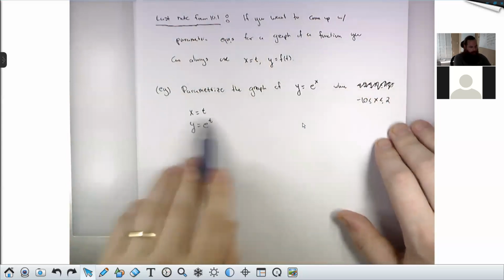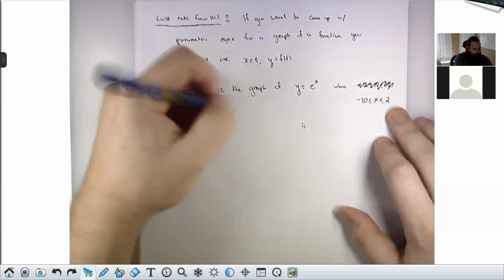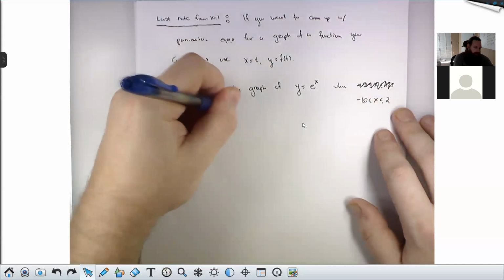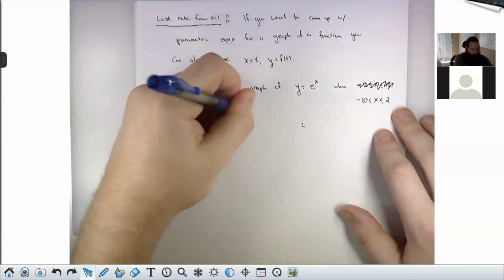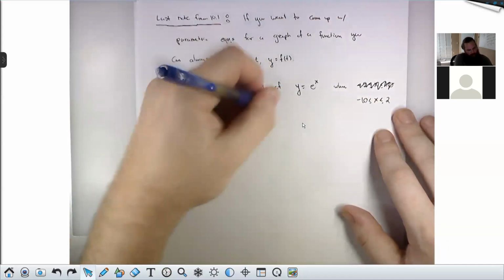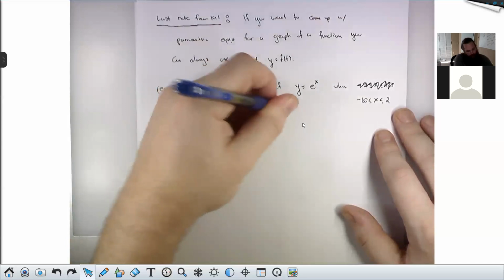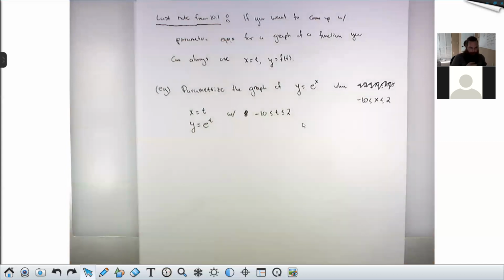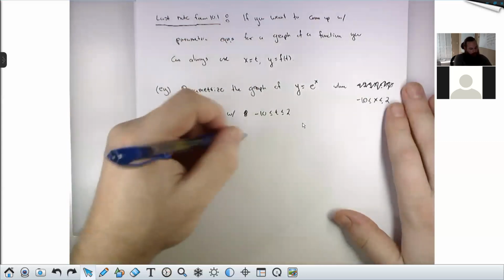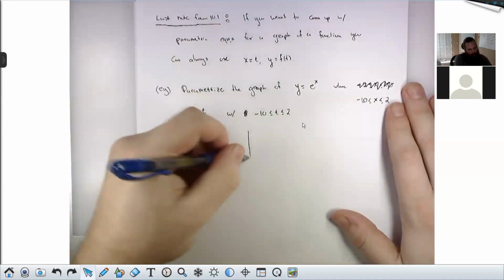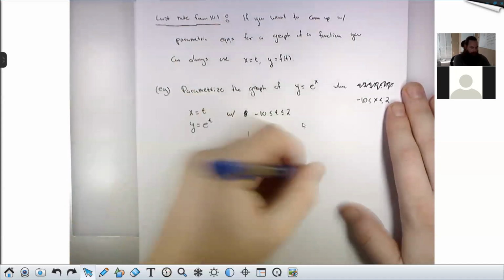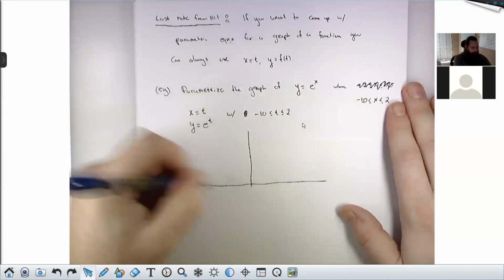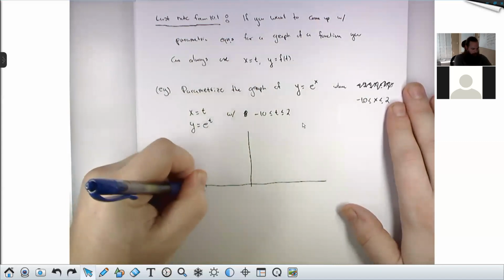And in this case, since x is just t, the t domain would be -10 is less than or equal to t is less than or equal to 2, because I'm picking x to be equal to t. The portion of the graph we would get is the mentioned one. We'll call this -10.